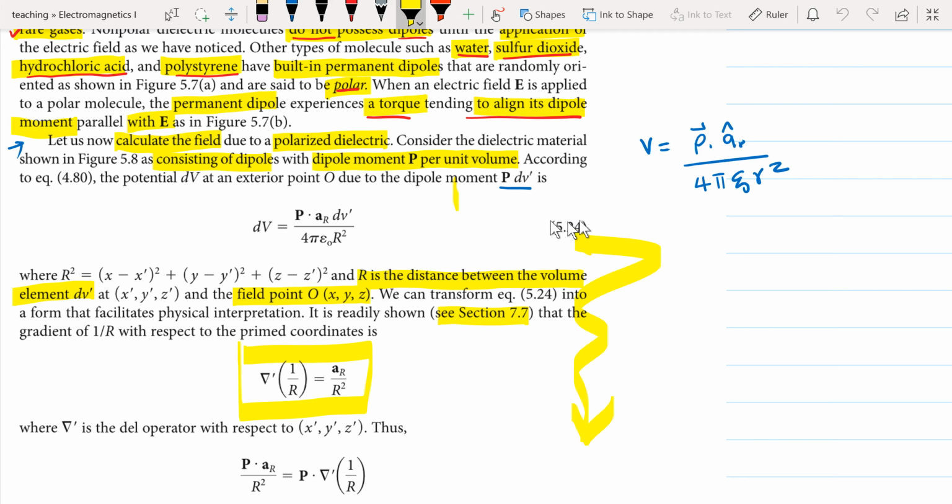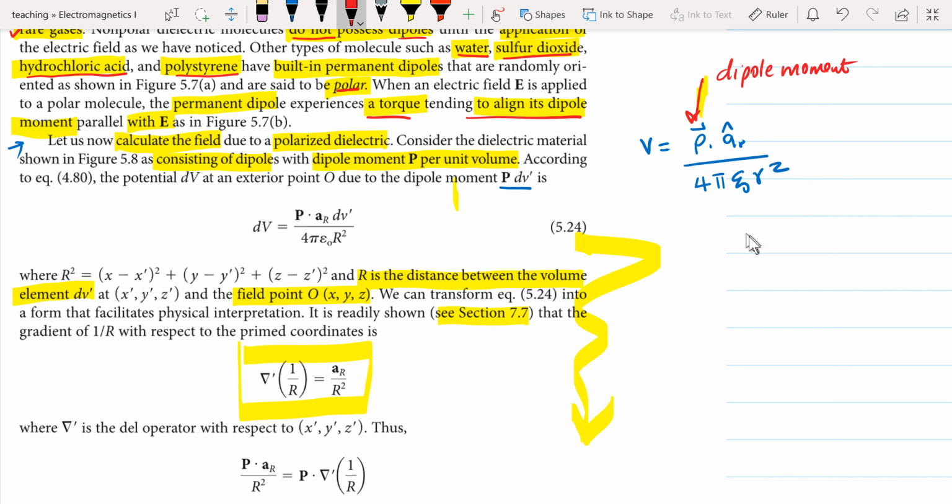Just to clarify how we get to this: this was considered as a dipole moment, and we say that it is a small p.